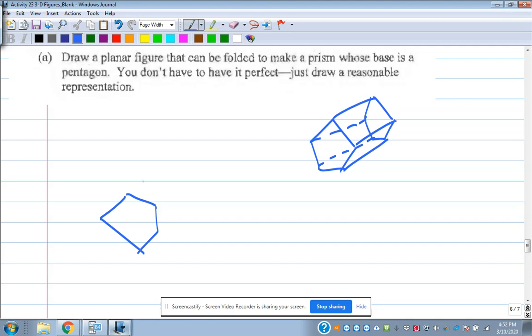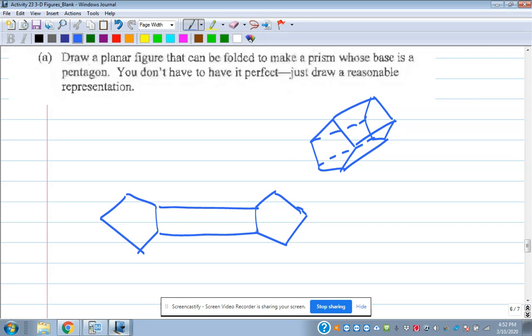Two, three, four, 5. 5 sides, right? And it will be connected to another pentagon via a rectangle, correct? Now notice how this is not perfect. I'm doing that on purpose, right? Because I can't draw it perfect either.